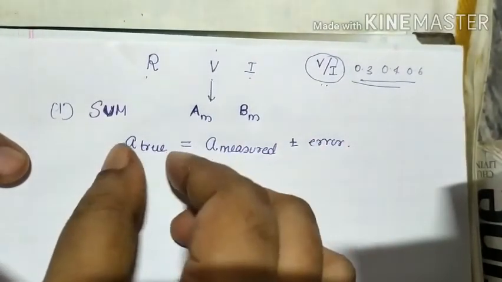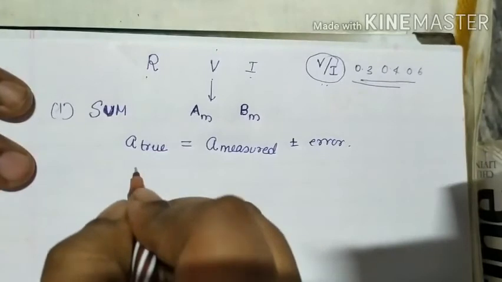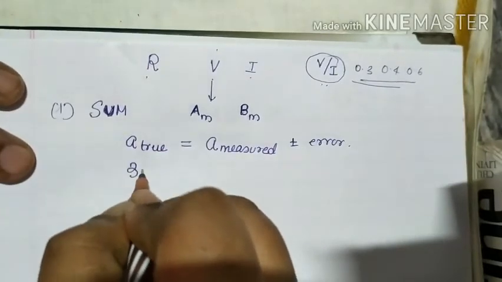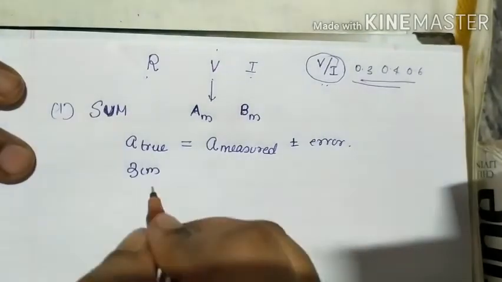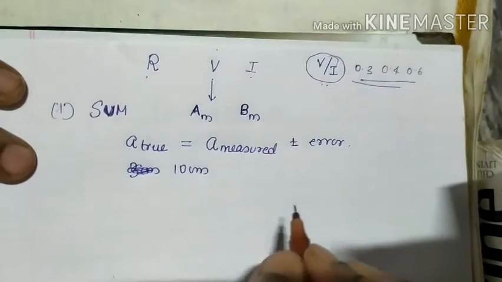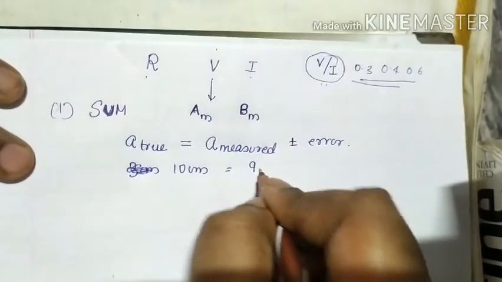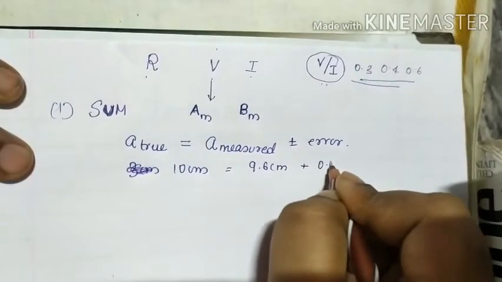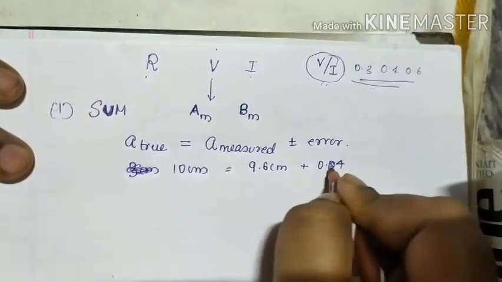Suppose the pen is actually 10 centimeter length, but I measured it as 9.6 centimeters, so there is an error of plus 0.4 centimeter.